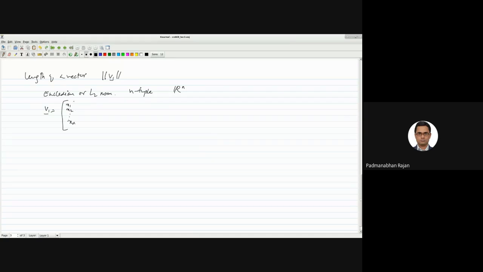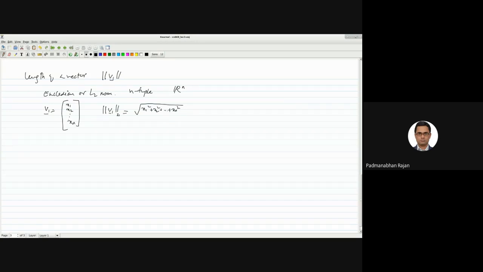Again, I'm just showing it as a column vector. And its norm is going to be the square root of x1 squared plus x2 squared plus up to xn squared. This is the L2 norm.